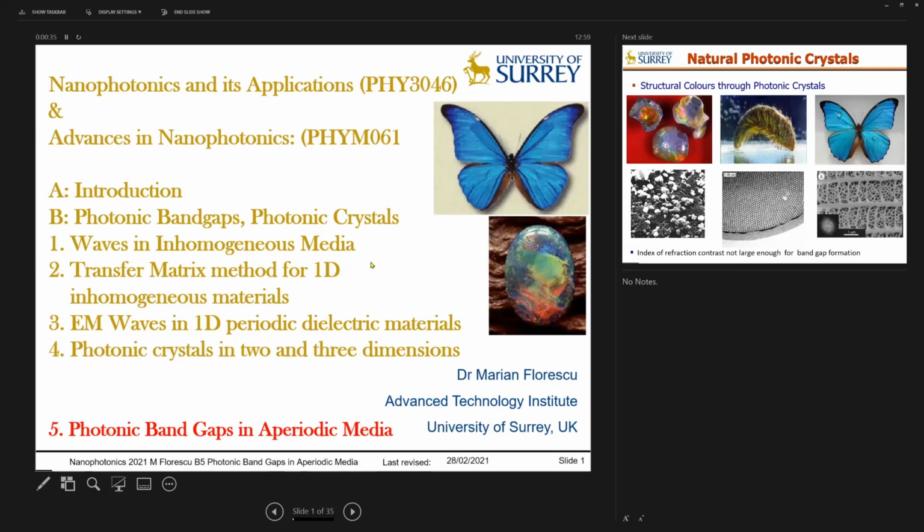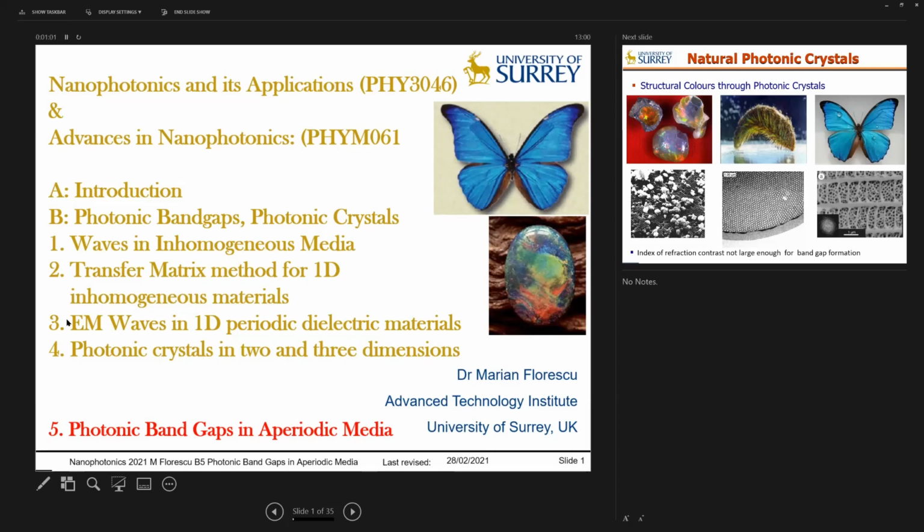We start with inhomogeneous media and the transfer matrix method, which generally apply to finite structures. And then in lecture 3, we introduce this periodic materials of infinite extent, which we call photonic crystals, in analogy with the atomic crystals, the usual electronic materials.